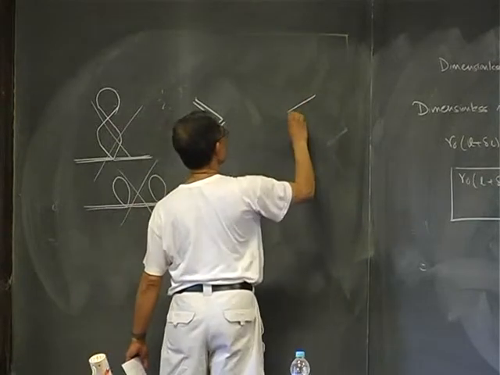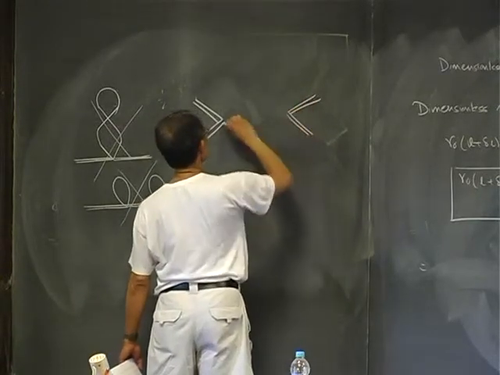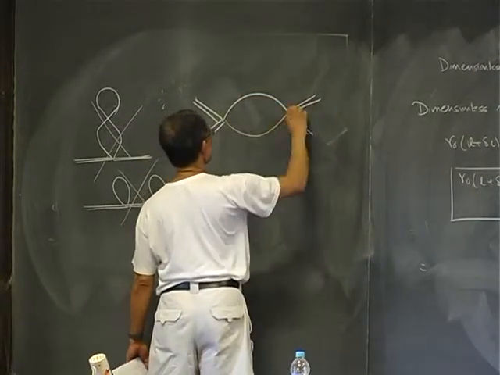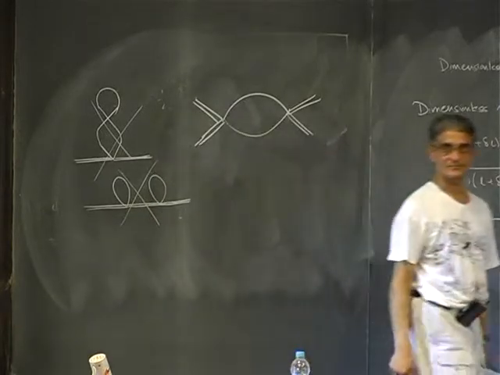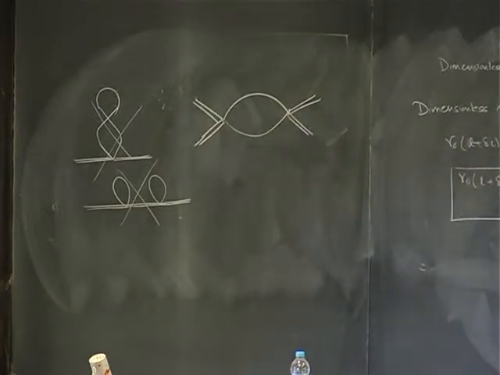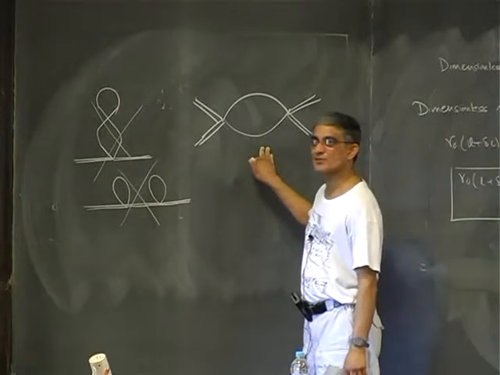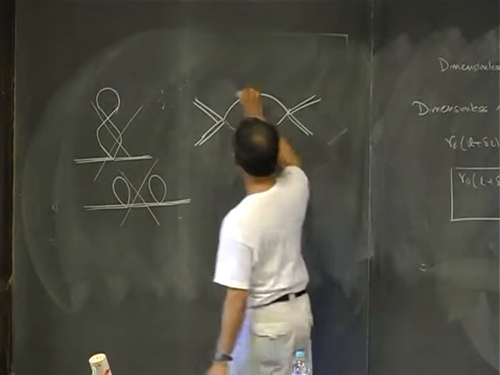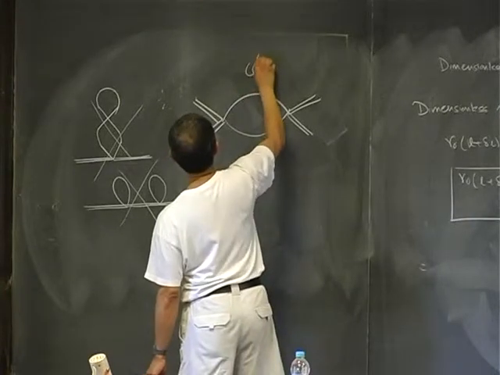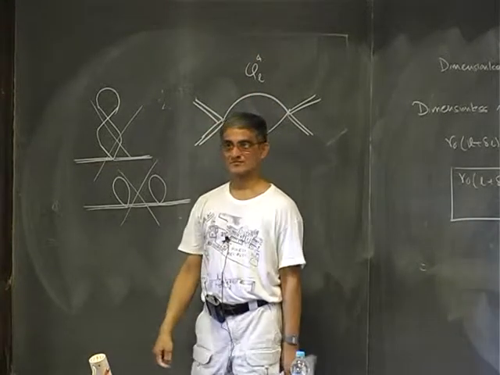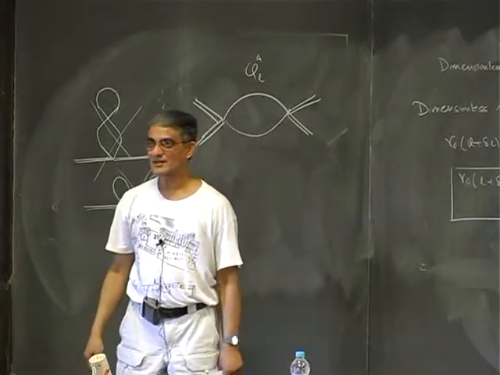I have two, and you can see that there is a nice diagram which looks like this. That is there. What kind of term will this contribute to the effective action? A term which has phi L to the power 4, right?